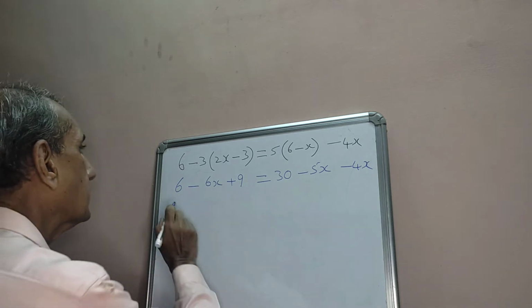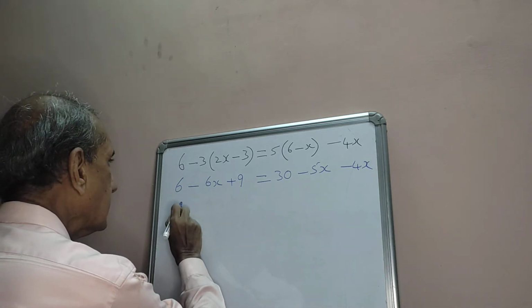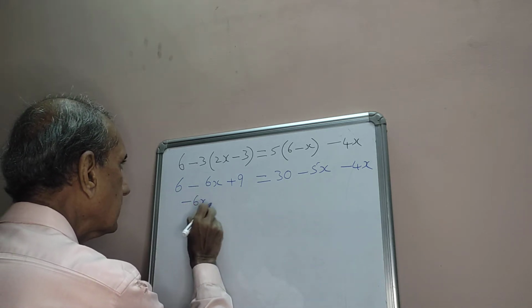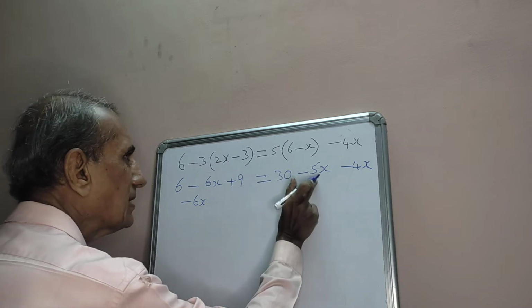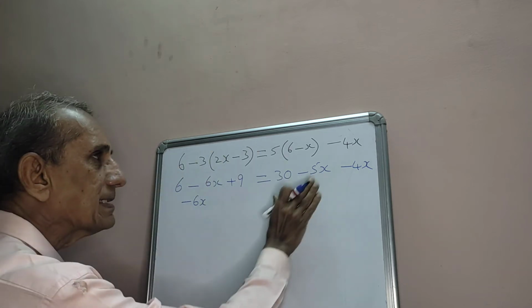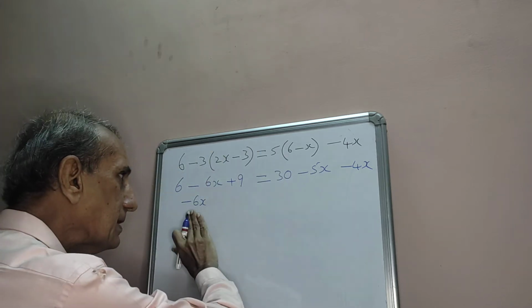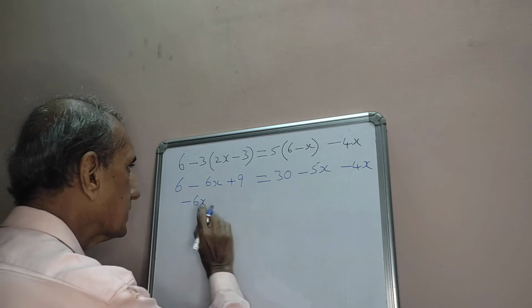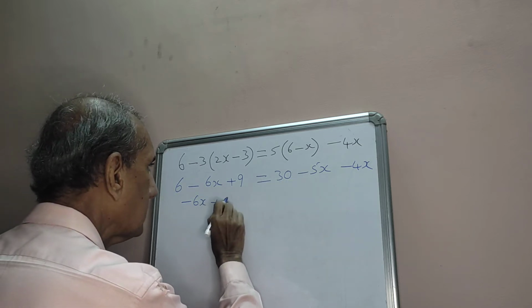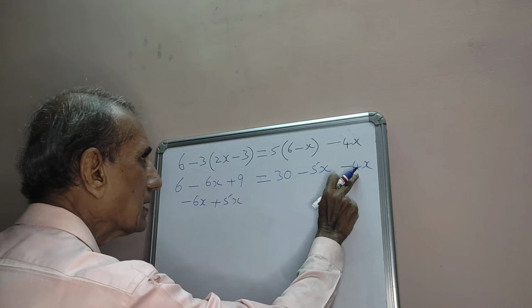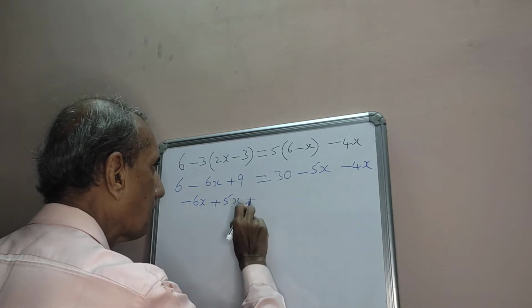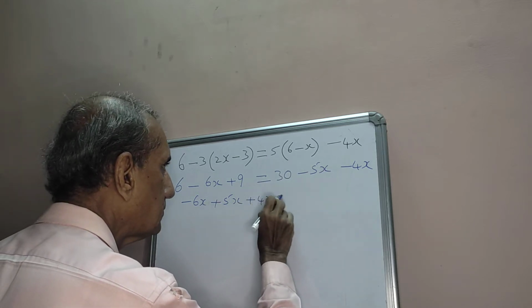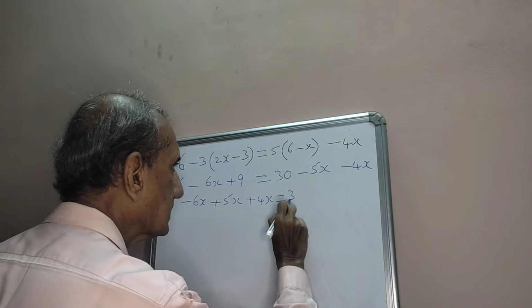Let's try doing that. So minus 6x remains as it is. Then this minus 5x comes to this side. When it gets transposed to this side of the equation, the sign changes. Minus 4x becomes plus 4x. 30 remains as it is.